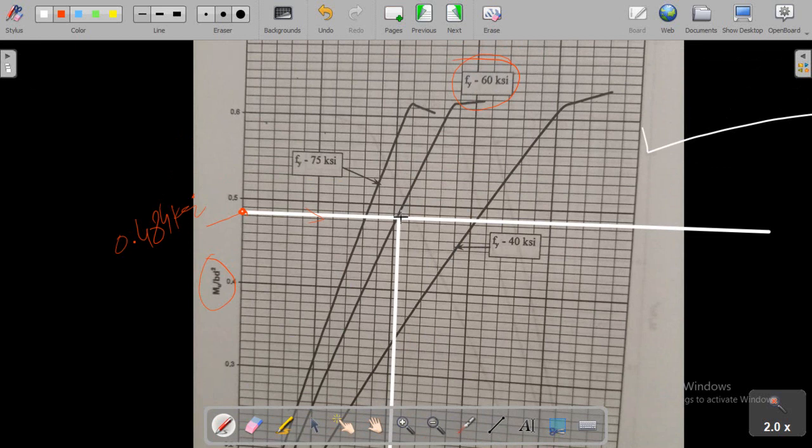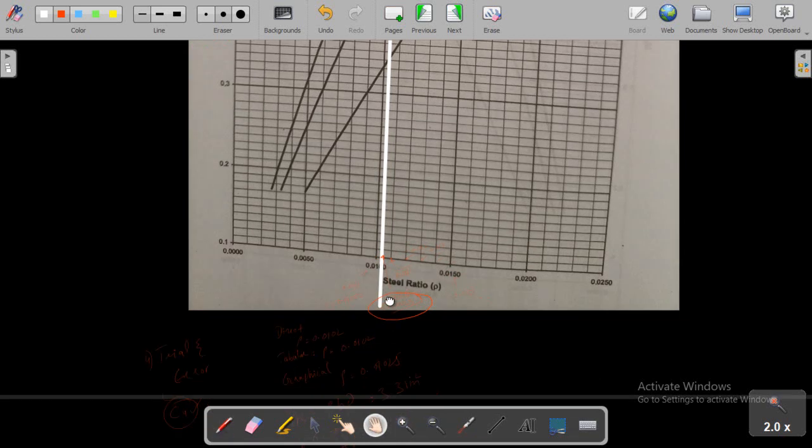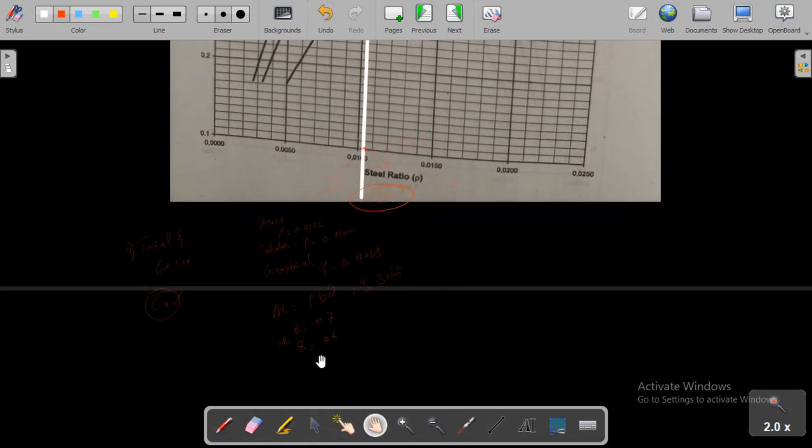Once it coincides with this curve, we draw a line down here and find the required steel ratio, rho equals 0.01025, and we find our required area of steel, and for that we choose 6 number 7 or 6 number 6 bars.